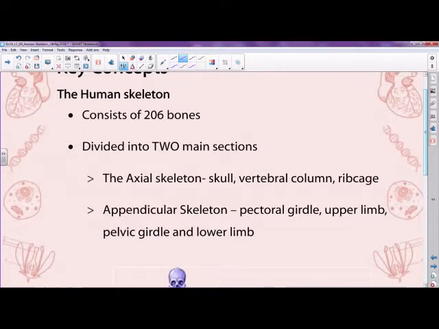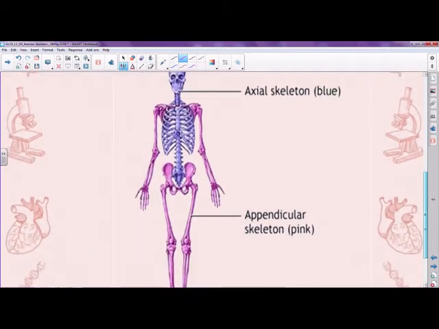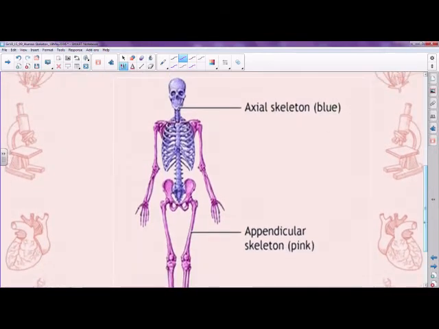Now, when we look at the skeleton, I want you to notice we divide it into 2 sections. Have a look at this diagram, and also at the word that we use. When we look at the skeleton, there is a central part. Axial means central. If I look at this blue section, that central also means middle.